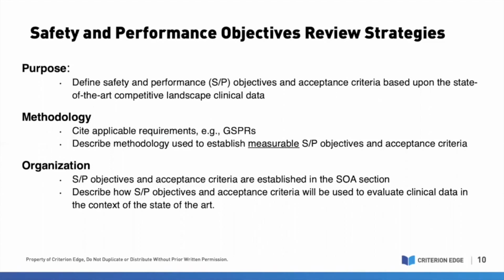The CER must document how they're justified and used as measures for evaluating safety and performance of the subject device. The methodology should cite applicable requirements such as GSPRs and describe the process used to establish those measurable safety and performance objectives and the criteria.